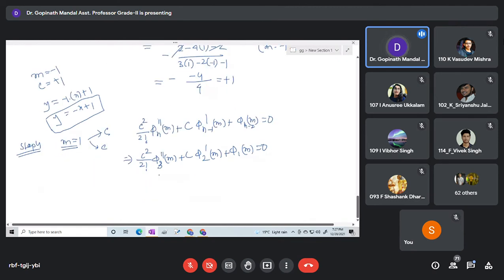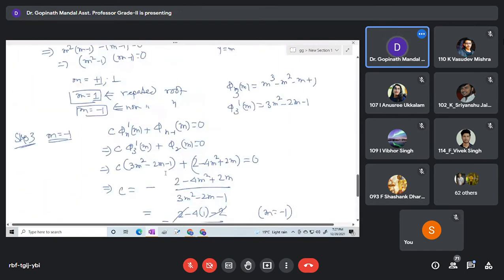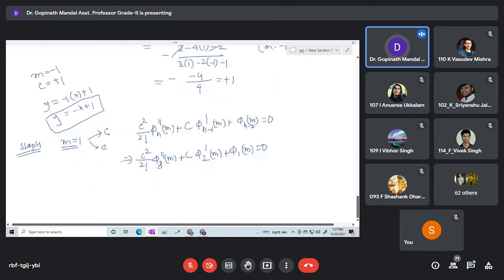Now phi 3 double dash m is the derivative of phi 3 dash, so phi 3 double dash m equal to 6m minus 2. Put here 6m minus 2: c square by 2 into (6m minus 2) plus c into phi 2 dash m. What is phi 2 m?